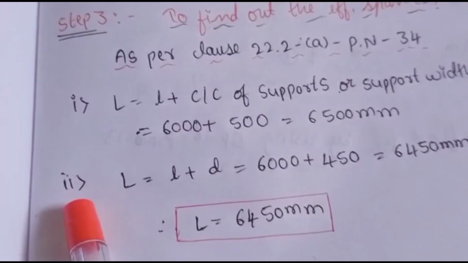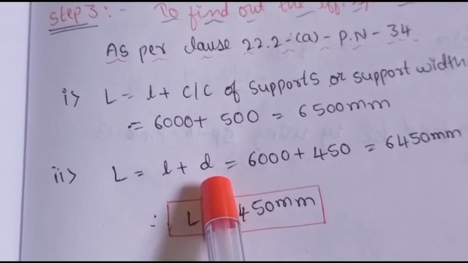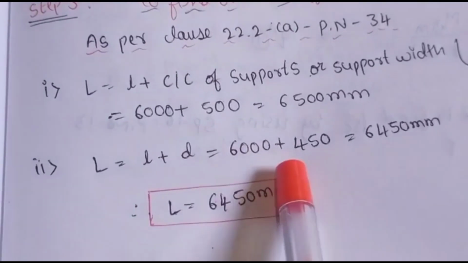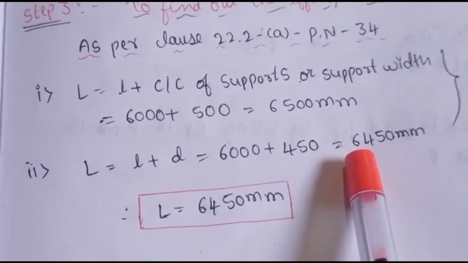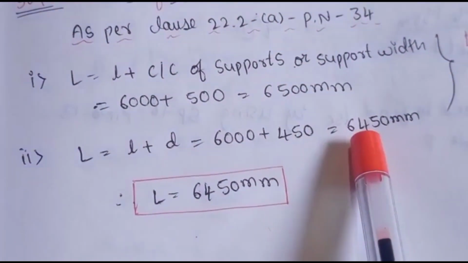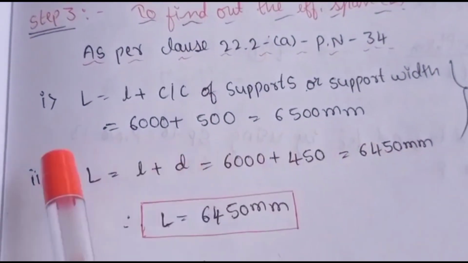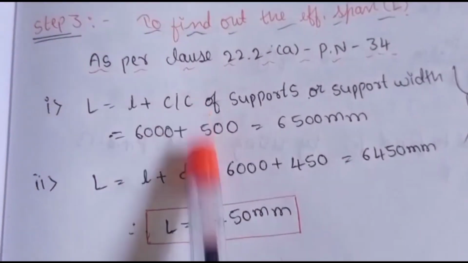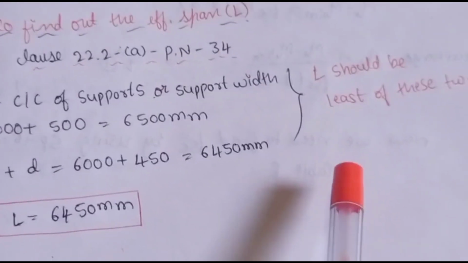The second criterion is L is equal to clear span plus effective depth. Substitute all the values, simplify this, we'll get our answer as 6450 mm. They have said our effective span value should be the least of these two.